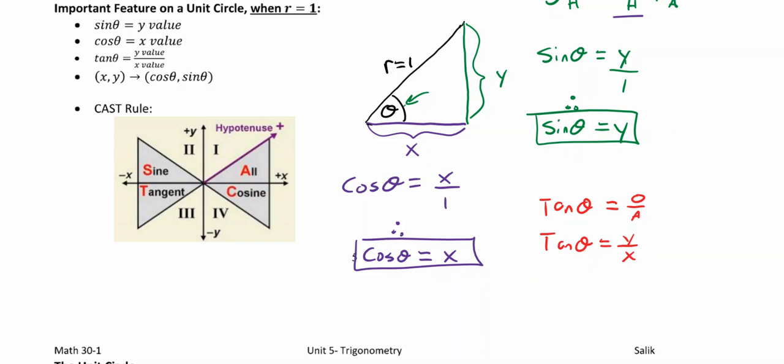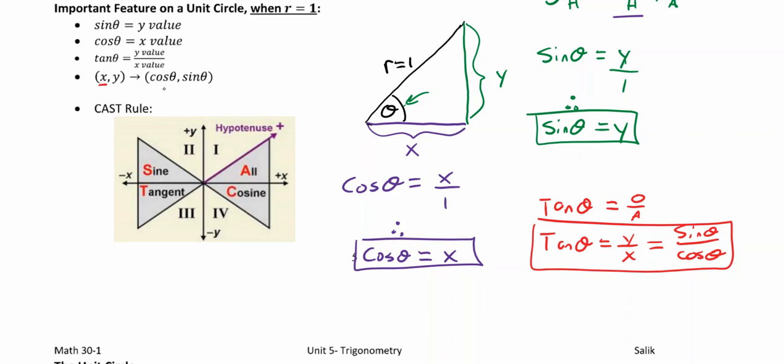So it's really just y over x, and we learned from above that that would also be the same thing as sine theta over cos theta. Like I was saying, if we want to find our x value, that's really just cosine of the angle. If we want to find our y value, that's just sine of the angle.